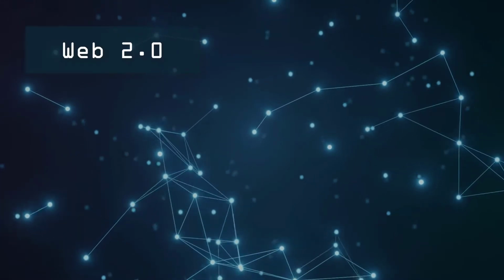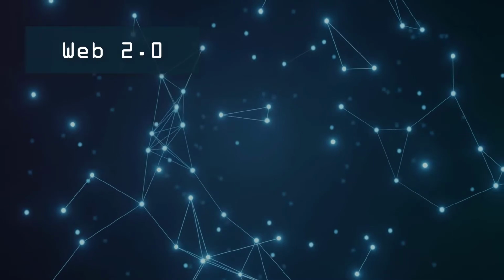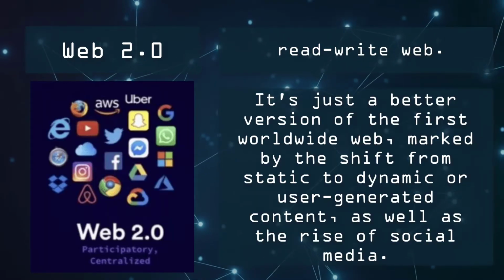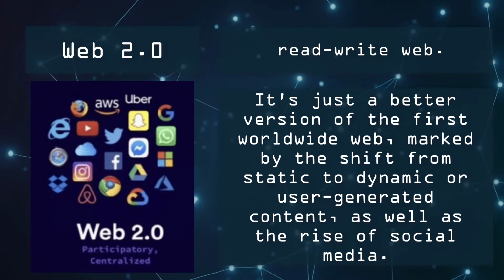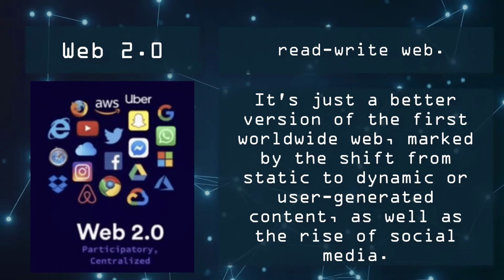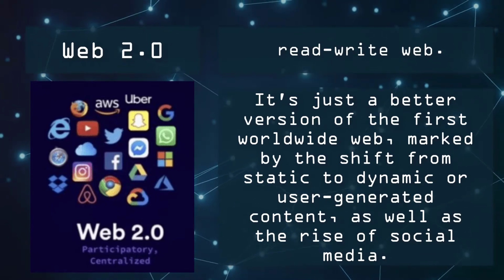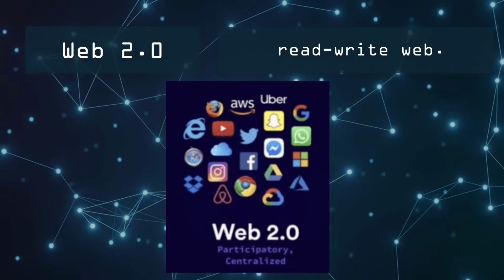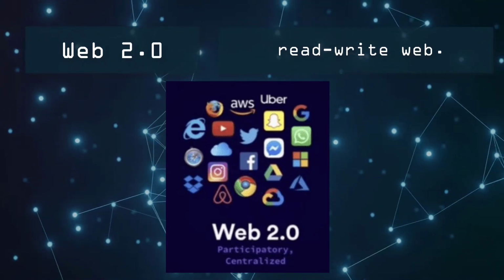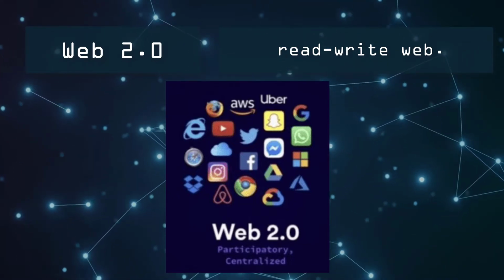Web 2.0. It is the second stage in the evolution of the web, which is also referred as the read-write web. It's just a better version of the first World Wide Web, marked by the shift from static to dynamic or user-generated content, as well as the rise of social media. Some of the famous Web 2.0 applications are Google Maps, Facebook, Twitter, YouTube, WordPress, and others.